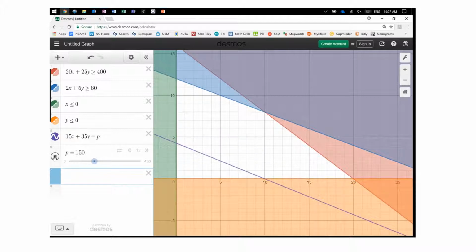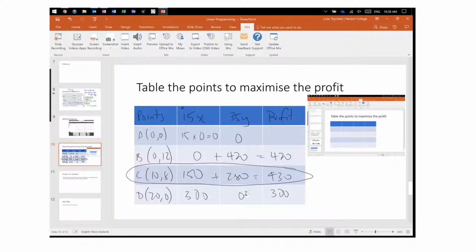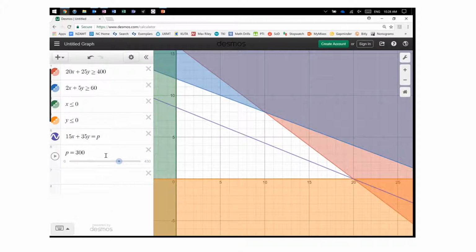So all I want you guys to be able to do is go, well, at this point down here, what was my profit again? That was point 20. It was 300, eh? And look at my p-value there. My p-value is 300.